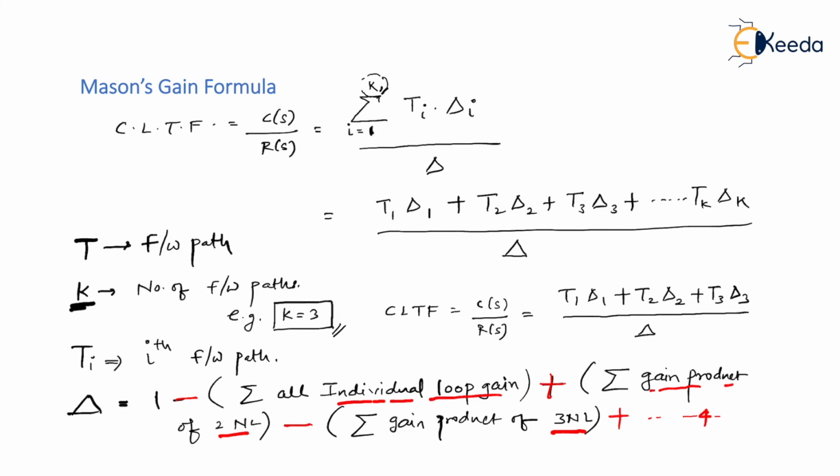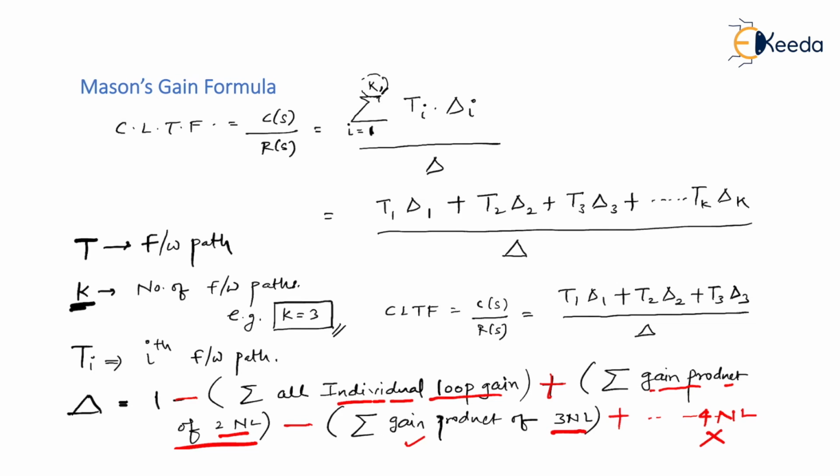We could have the summation of gain products of four non-touching loops, but in reality, we will never go for this. Even in competitive exams, they will go up to this maximum, and most of the time you will just end up over here, that is the summation of gain products of two non-touching loops. So this is nothing but your delta.